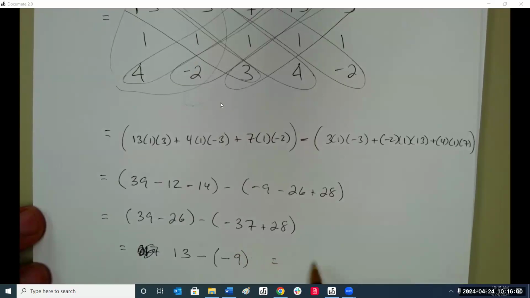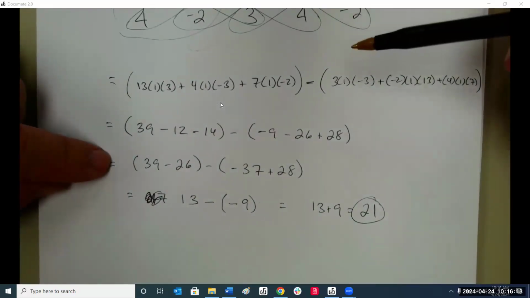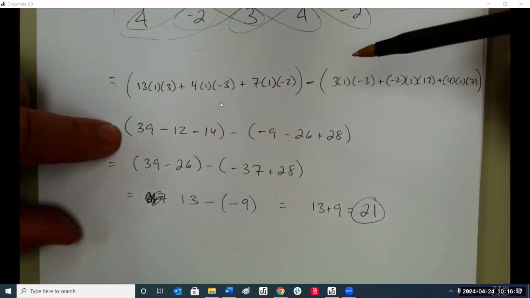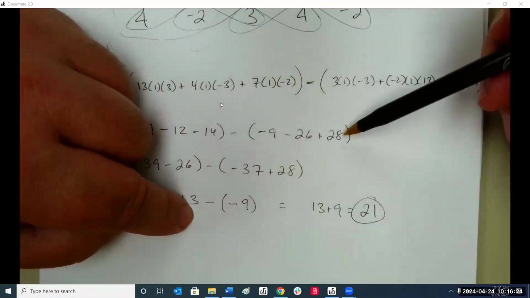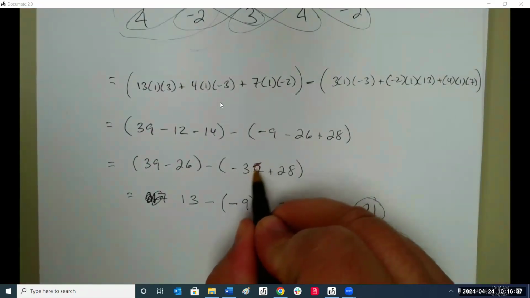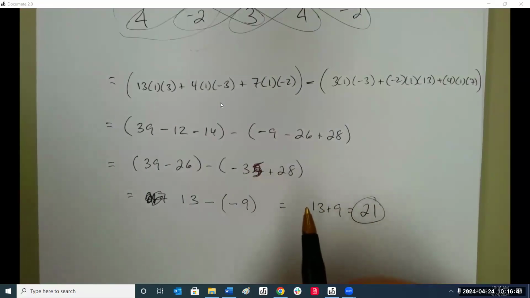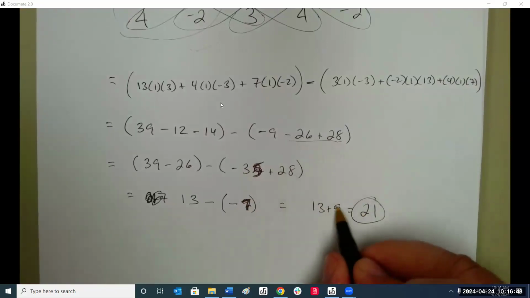Negative 9. Thirteen. 2. It's 35, not 37. Positive 2, so it's negative 7.